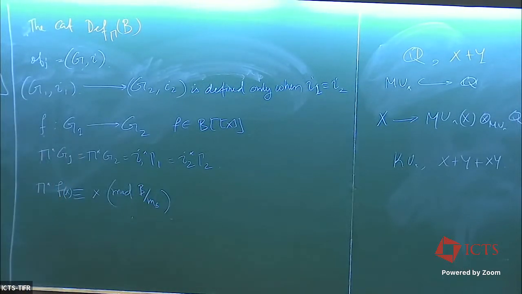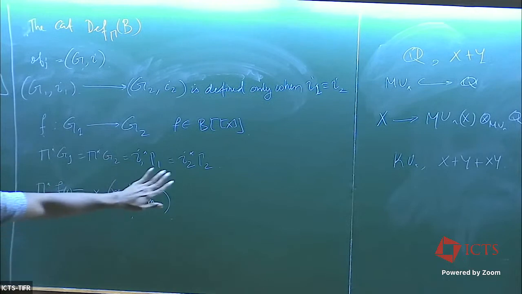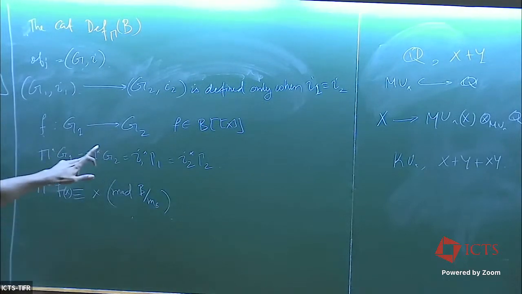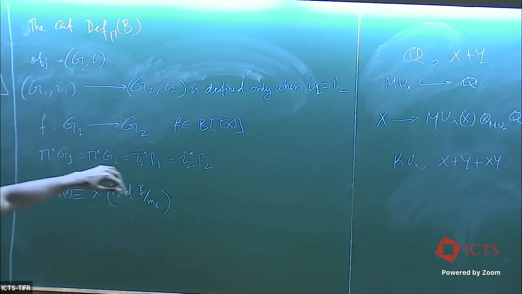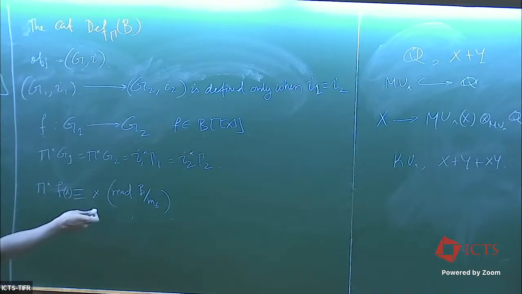So we started with these deformations (G1, i1), (G2, i2), and my i1 is equal to i2. So these two are the same. Because G1 and G2 are deformations, I have i1 star of gamma 1 is pi star of G1, and i2 star of gamma 2 is the same thing. And this f, when you go reduction modulo m_B, this just becomes x.